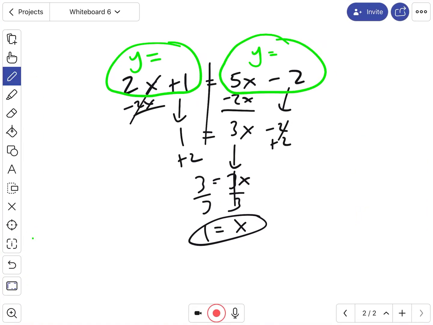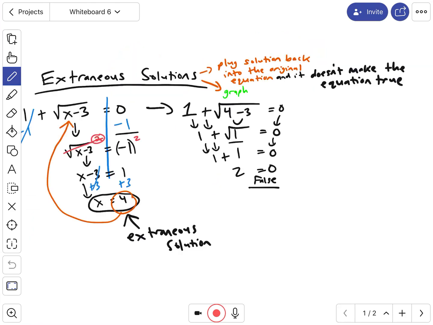So you could pretty much do that for any equation: you graph both sides of an equation and you're looking for where they cross.